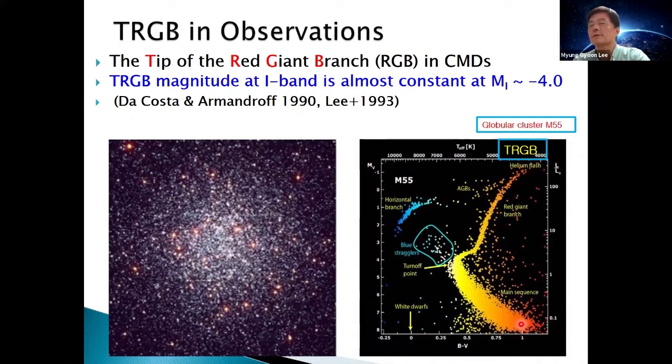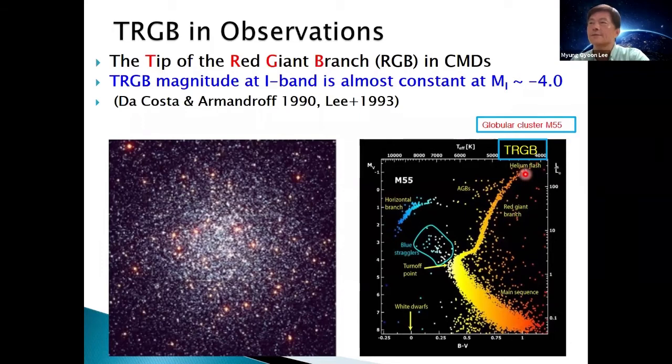Stars are found along this main sequence, and then getting colder, or yellower and redder, and brighter, this part is called the red giant branch. And then the brightest part of the red giant branch is given here, where the helium flash starts.